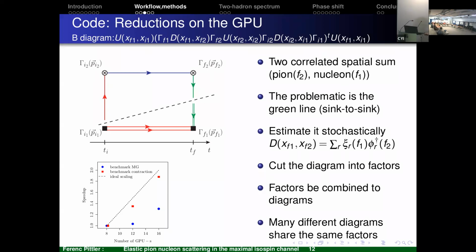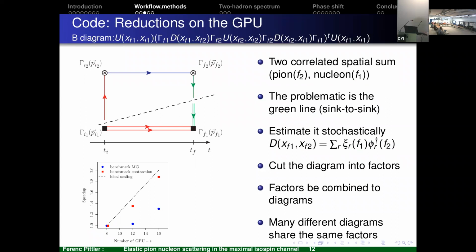In this way we cut these diagrams into 2 factors, calculate each factor separately, and then combine them. The advantage of this method is that the different kinds of diagrams mentioned here share several of these factors, so you don't have to recompute them when you compute another diagram.